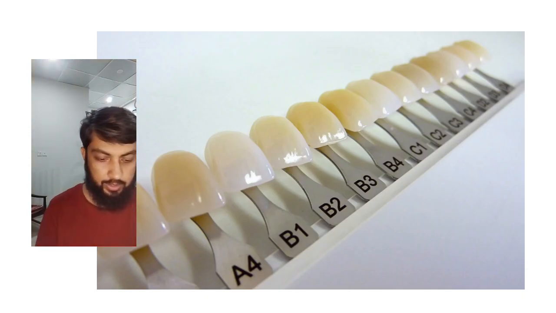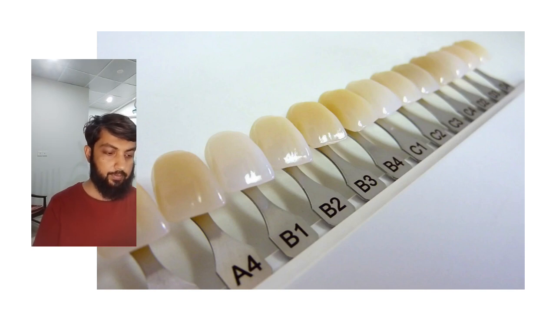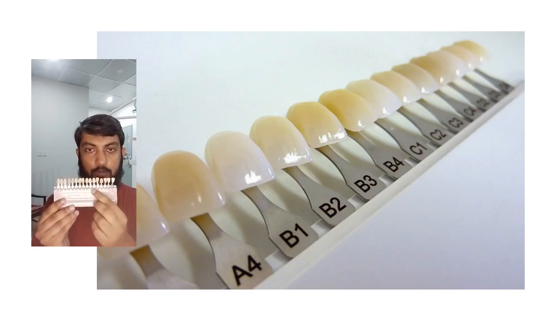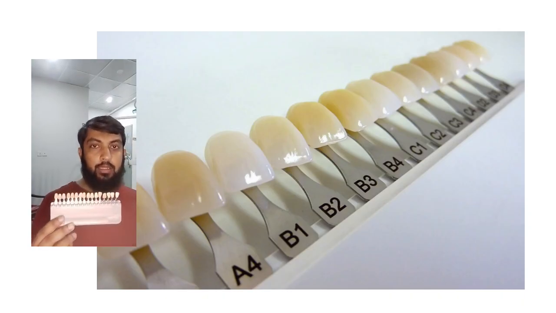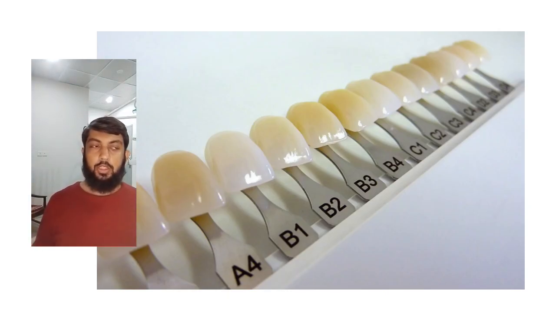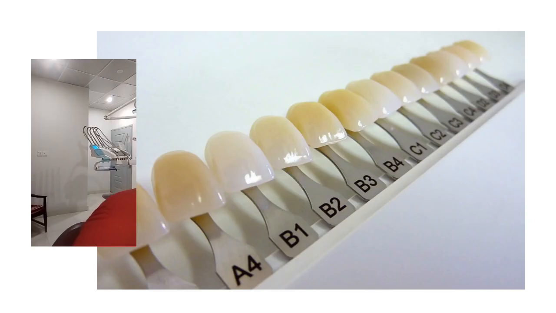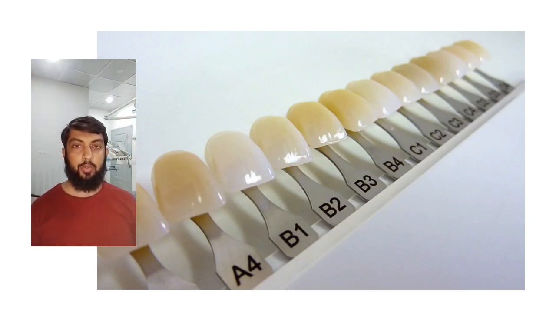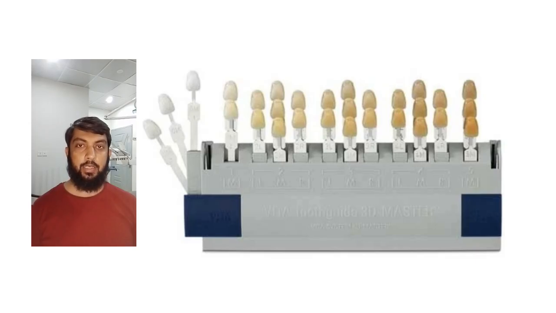This is the conventional shade guide. It is called the conventional shade guide: A1, A2, A3, B1, B2, B3 going towards D. Then they said this shade guide is not okay, so they made another shade guide. It is called Vita 3D Master, in which teeth are grouped into 4 major shades A, B, C, and D. Then there is increasing and decreasing chroma, and increasing and decreasing hue.